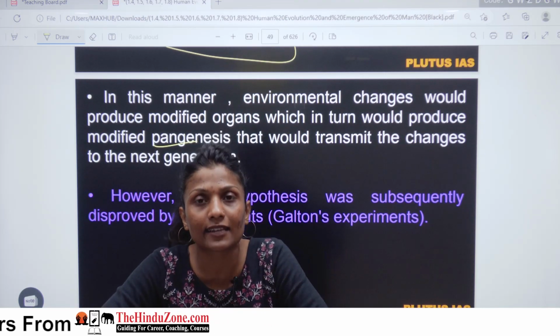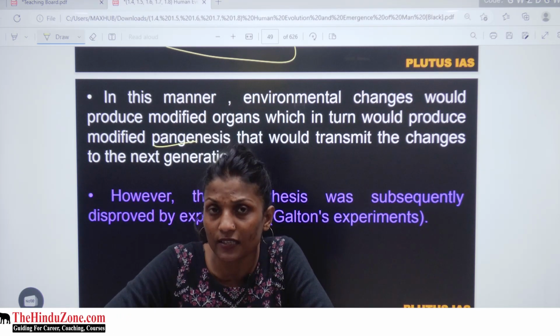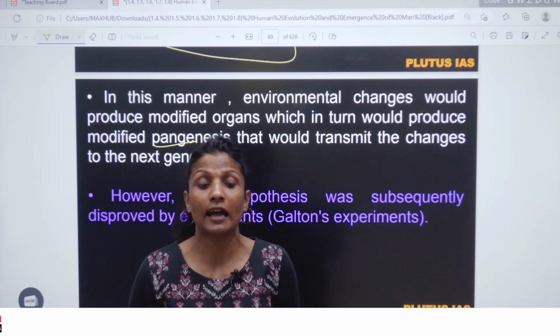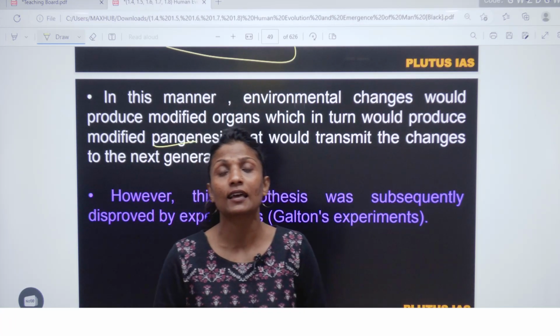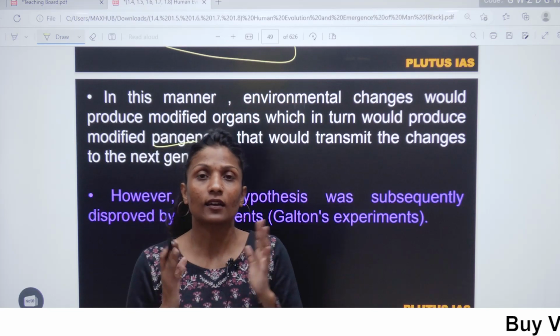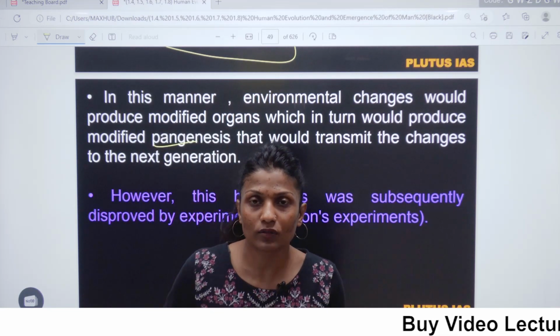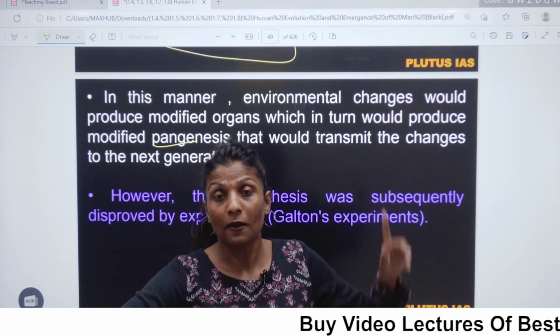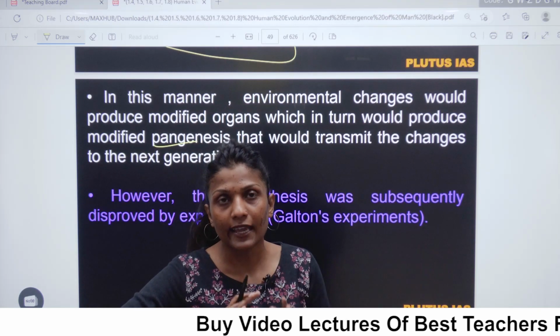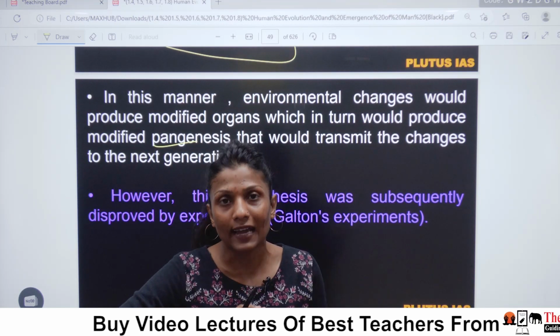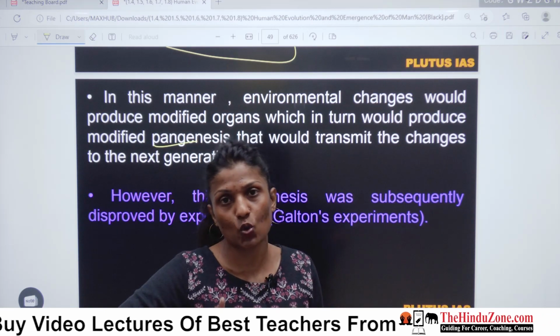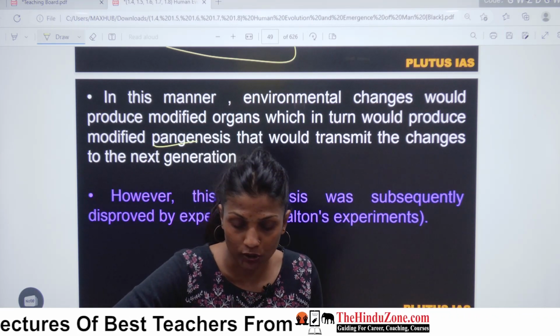So in my next lecture I am going to talk about the modern synthetic theory, in which we will understand how the information of genes and natural selection, now we know how this evolution took place. But Charles Darwin's theory gave an important insight. It's very imperative for us to understand biological evolution.